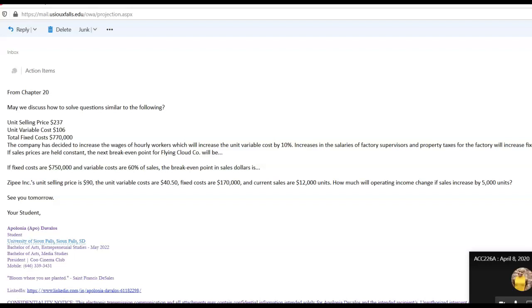So the difference between 671.5 and the one that we just calculated of 424,000, the original at 12,000 units, that's the answer to how much will the operating income change. So we at least got 2 out of the 3. That one needs to have more information.